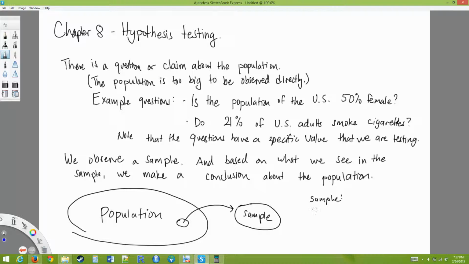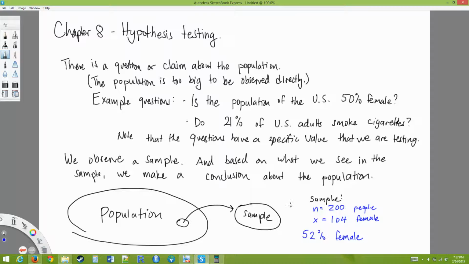We looked at 200 people, and let's say the number of females is 104. What is 104 out of 200? Yeah, so 104 is 52% female. This is the proportion that shows up in my sample.